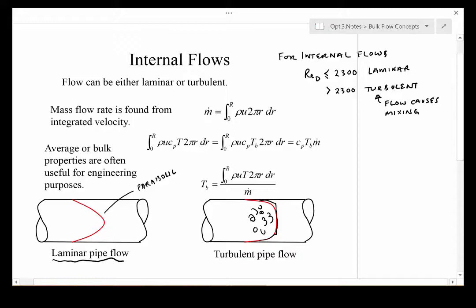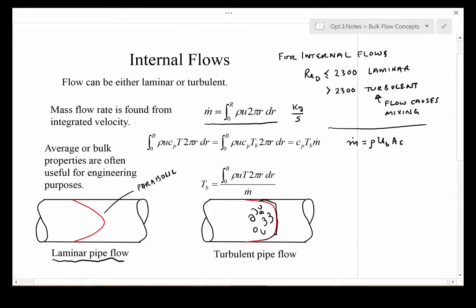It's often important for us to understand what the mass flow rate is in internal flows. And the mass flow rate, with units of kilogram per second, is really equal to, in a very simple sense, the density times some bulk or average velocity times the cross-sectional area.